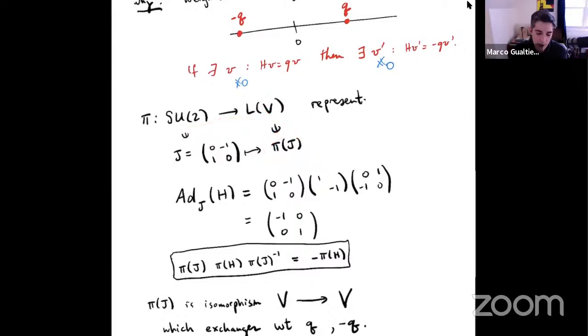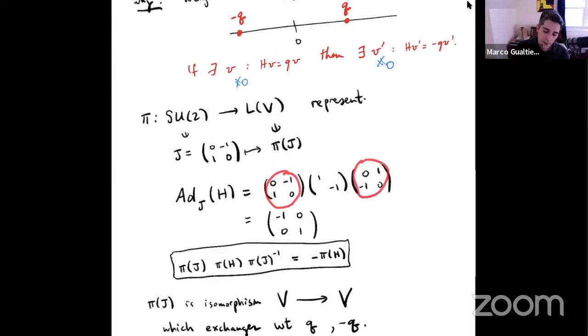And if I look at the conjugation of J on H, what you see is that when you conjugate, it flips the eigenvalues. So this means that there is a special operator in SU2 which, when we act on the Lie algebra, sends H to -H.